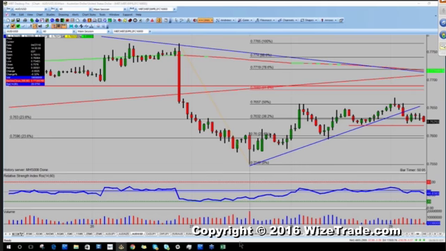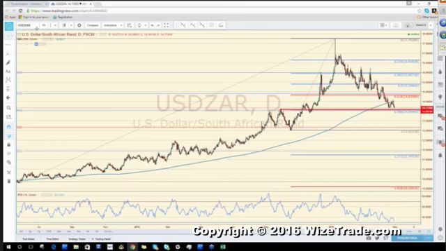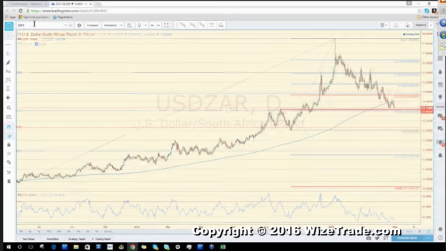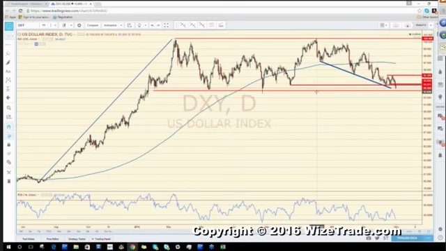Okay, let's go to the dollar index. Okay, so there's the dollar index. What key support are you on? We're really approaching 93. Obviously, let's zoom in here.